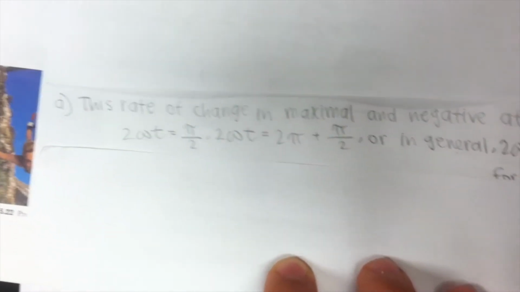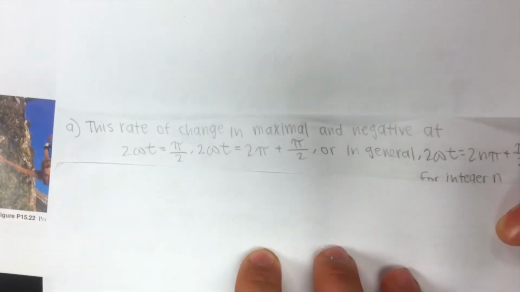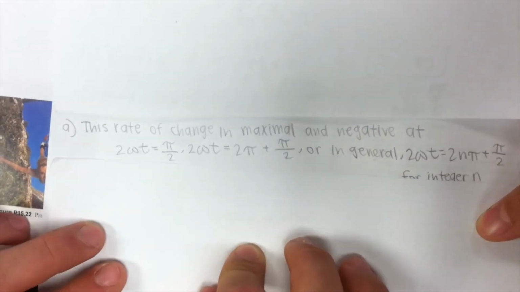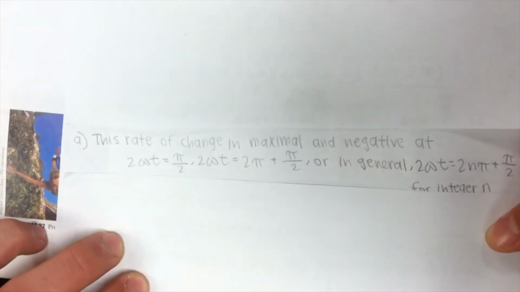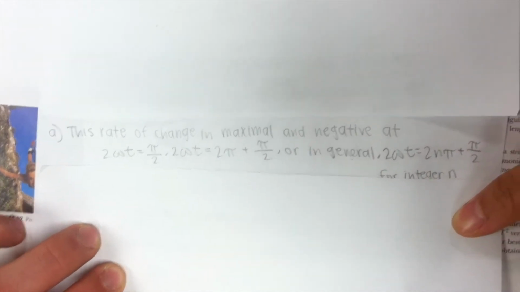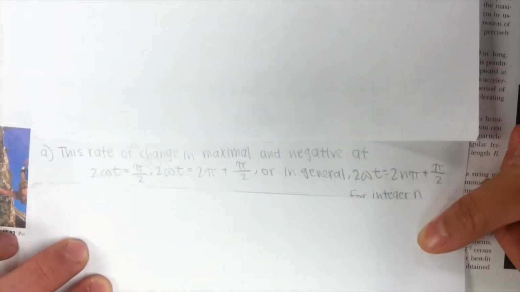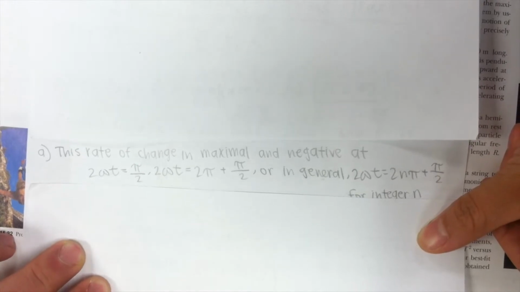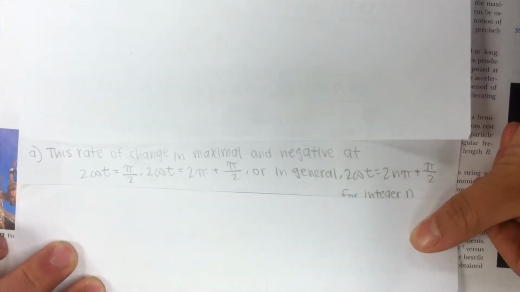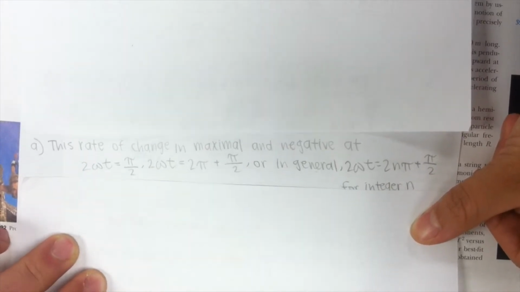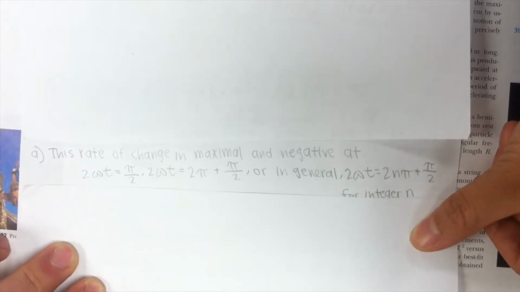This rate of change is maximal and negative at 2 omega t equals pi over 2, and at any recurring value 2 pi greater than that. The general formula for that would be 2 omega t equals 2n pi plus pi over 2, for any integer value n.